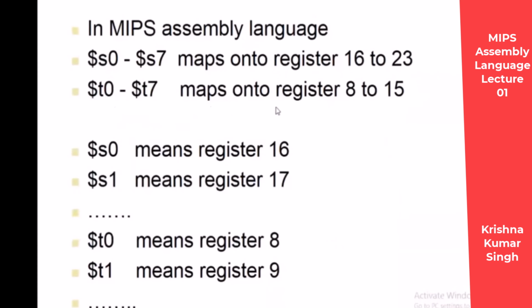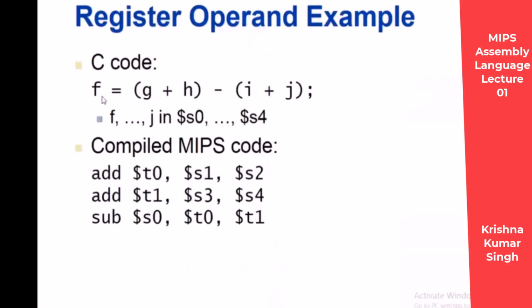Let's come back to the previous example. Assume that these variables are loaded from memory and stored in these registers. For example, we have F, G, H, I and J, and assume that they are stored in $s0 to $s4.